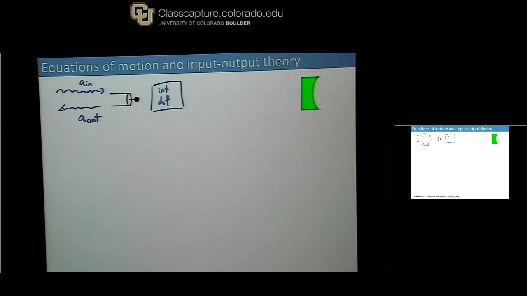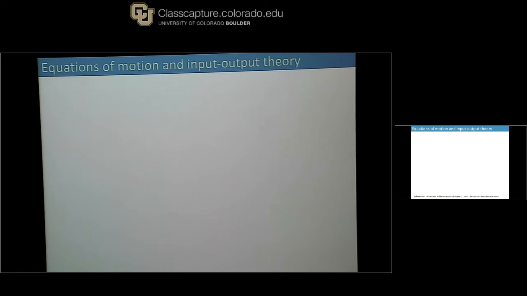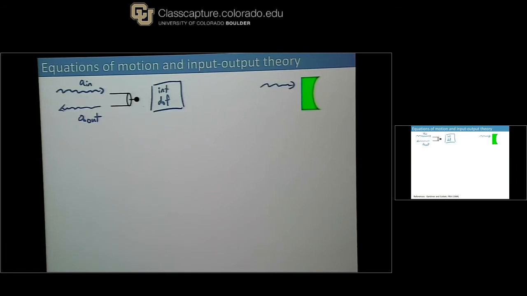And in the context of our optical system, we could think of our port as one of the cavity mirrors, and we can define, let's say, C in and C out to help us understand that coupling.